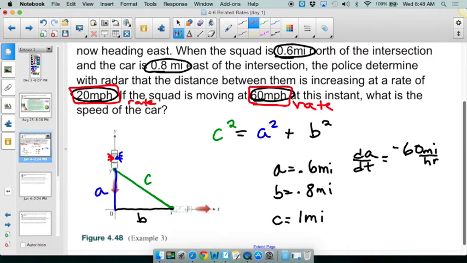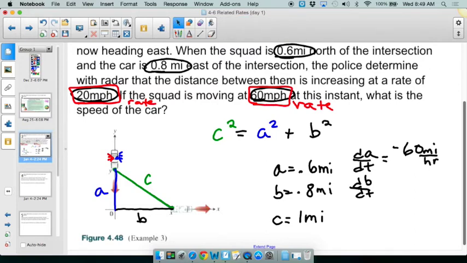How about the car? Do we know the car's rate, the derivative for B? Do we know dB dt? Is it 20? No. Why? Okay, so Tim is saying no, it's not 20. Why is dB dt not 20? Because there's an angle. What is the 20 associated with? How fast is it?